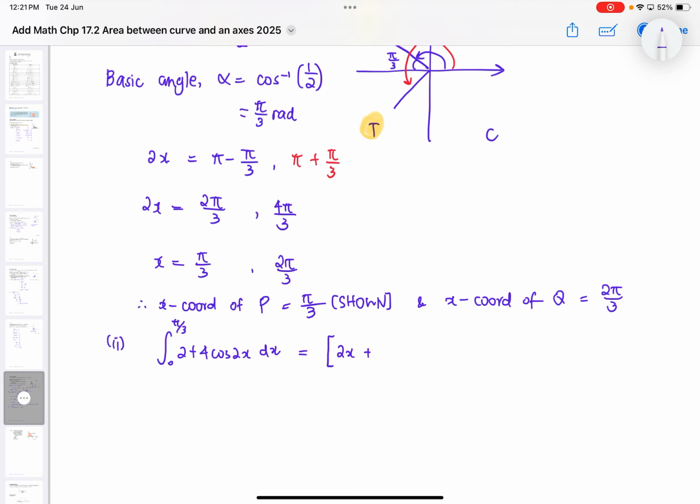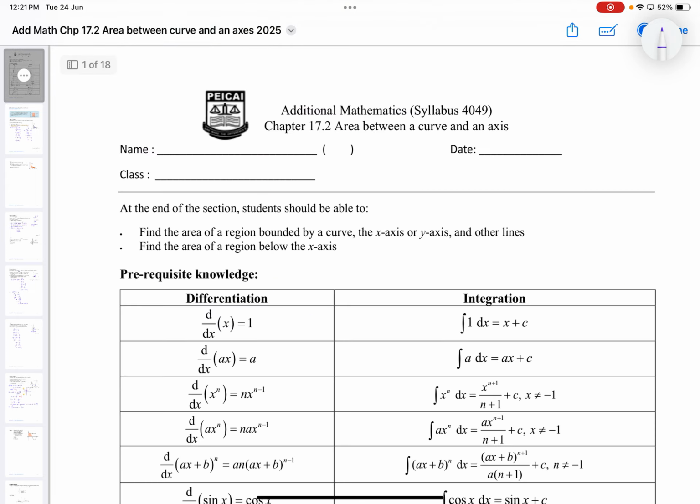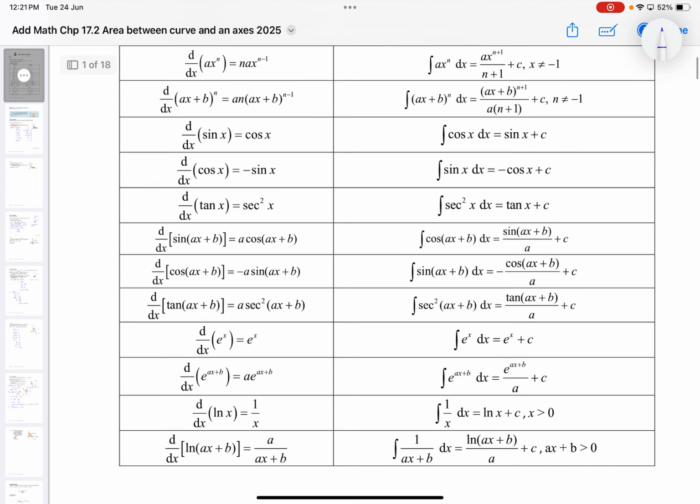Integrating cosine gives us, Jaden? Sine. Okay, positive sign. Cosine integrate is positive sine. Then what do I have to do? Divide by the? Divide by 2, yes. So if you forgot, is this part.